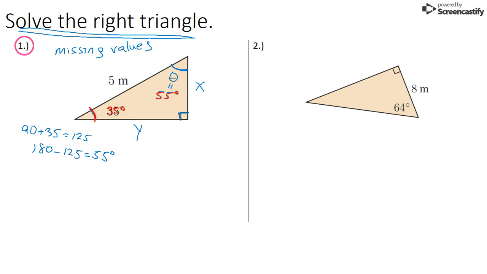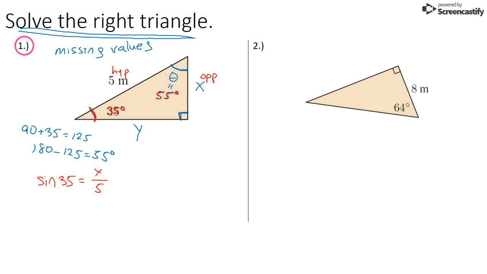So to solve for x is the side opposite, and the 5 is the hypotenuse. So just as before, this is what we've done before. We're just putting it all together to help us solve for any missing piece. So that means I can use sine. So sine of 35 is equal to x over 5.